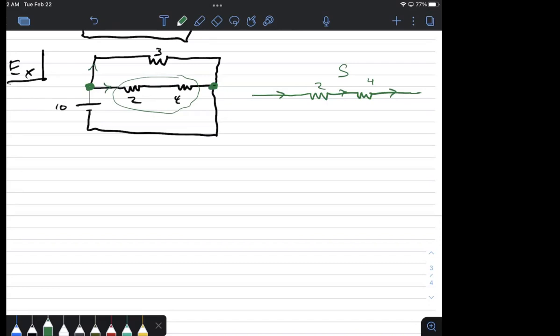So there must be a parallel aspect to this in some way, right? There's a path change, or there's a choice where it can either go to the top path or the bottom path. That's a clear sign of parallel. And if it goes to the bottom path, there's stuff in there that's series. So what do I do?